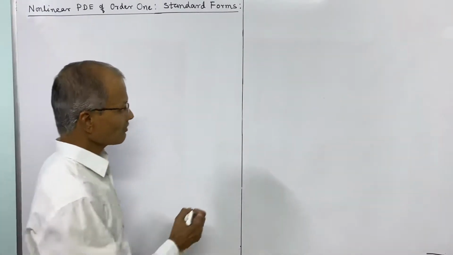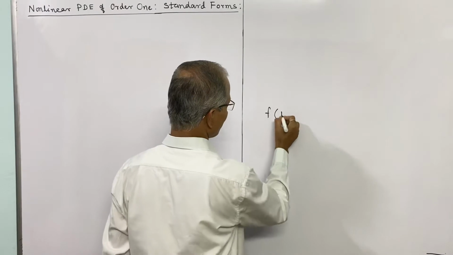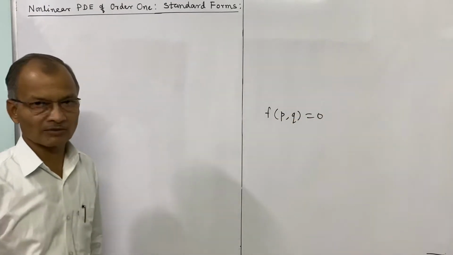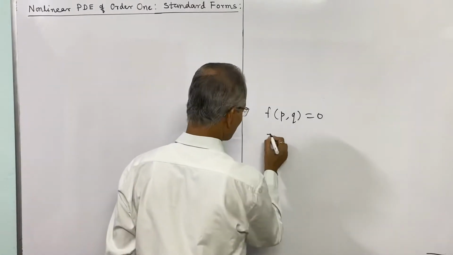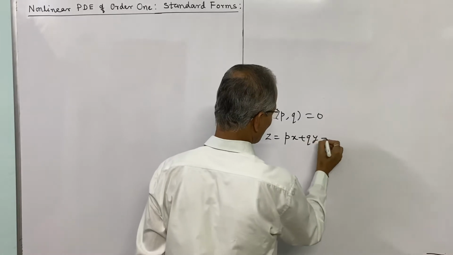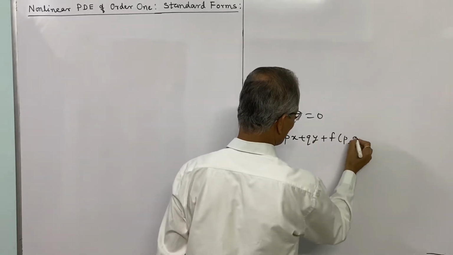So these forms are: first, we consider function of p and q equal to 0. Then we will consider z is equal to p into x plus q into y plus a function of p and q.